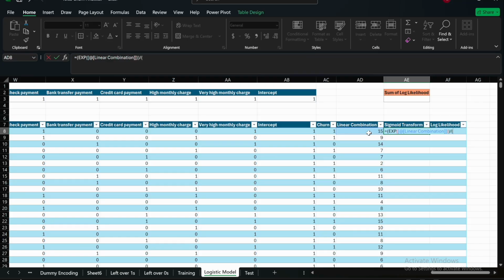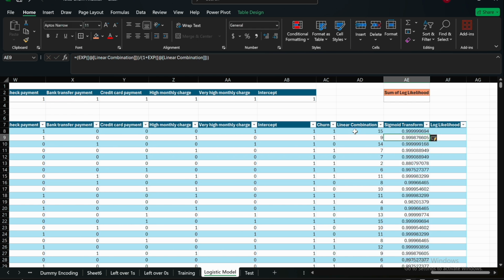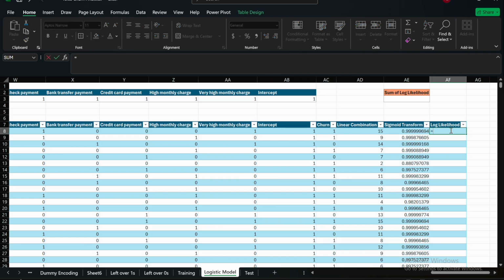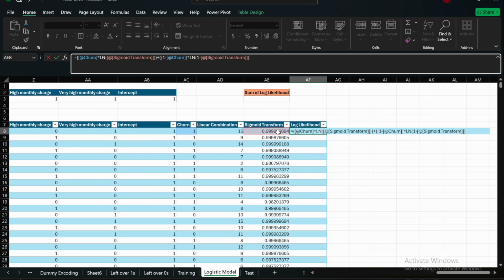The formula is e to the power x divided by 1 plus e to the power x, where x is the output of the previous step, the linear combination. And the log likelihood is also found, whose sum needs to be maximized.